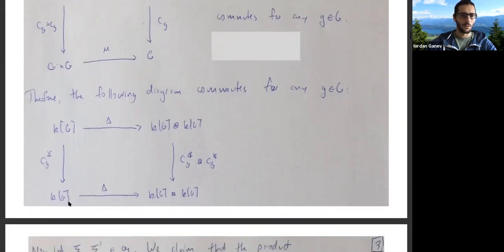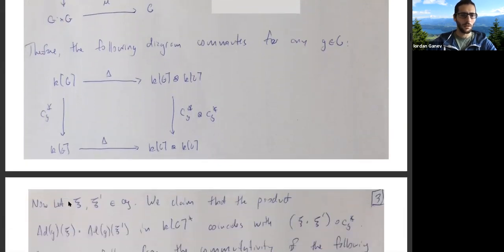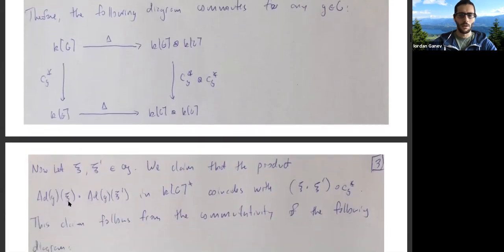Okay, so how do we use this? Remember, we wanted to show that this adjoint action respects the Lie bracket. So the Lie bracket on the tangent space at the identity is given in terms of the associative algebra structure on the dual space of the affine algebra. So let's take two tangent vectors, two elements of the Lie algebra, xi and xi prime. And we want to compute what their product is in this associative algebra.